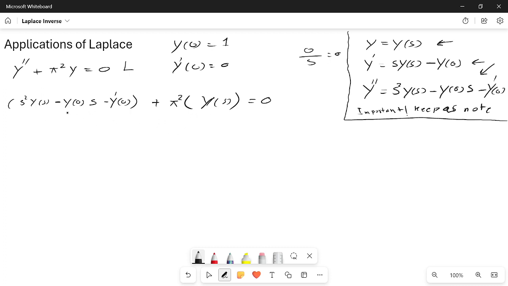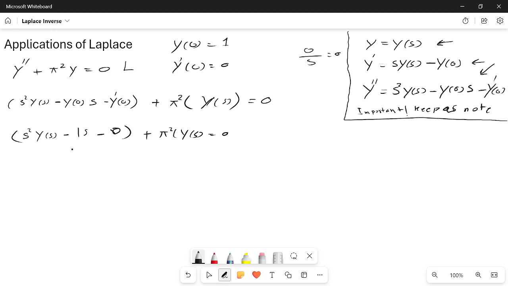Now we have to substitute the values of the boundary conditions in our equation. So we have s squared y of s minus s minus 0 plus pi squared y of s is equal to 0.